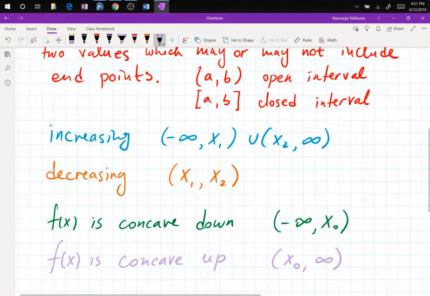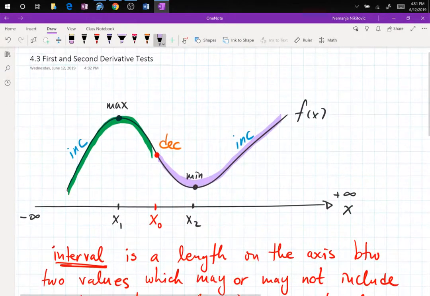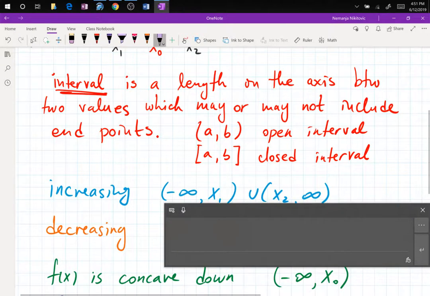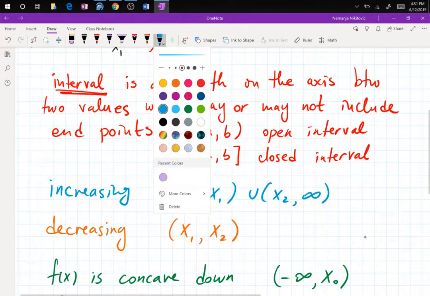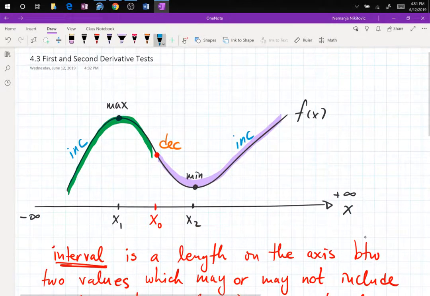So I color coded everything. Maybe I should jump into blue and highlight the increasing part, and then orange to highlight decrease.